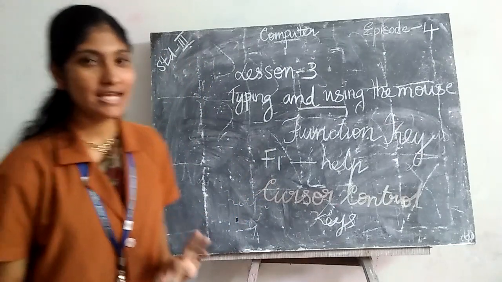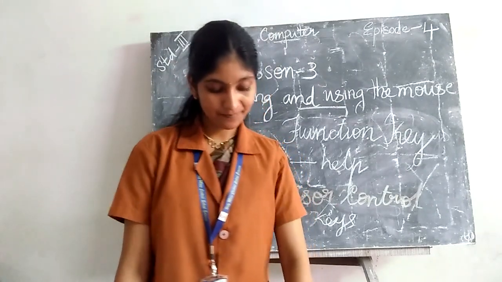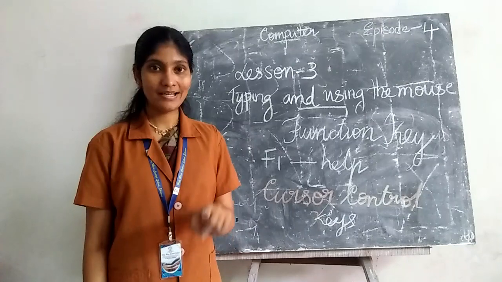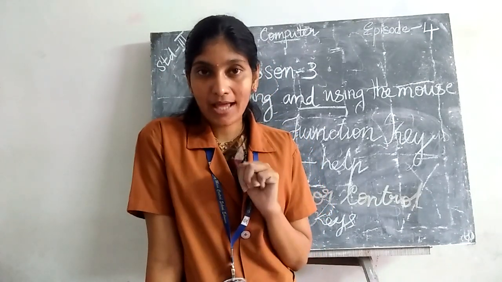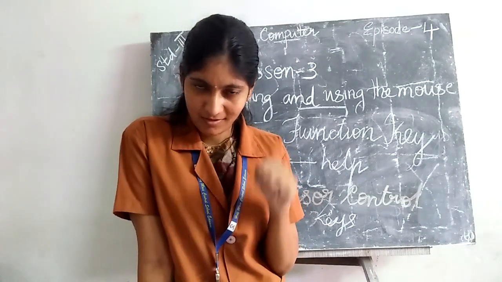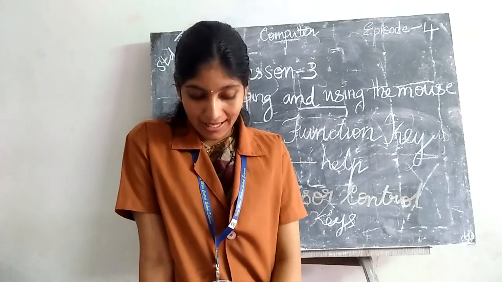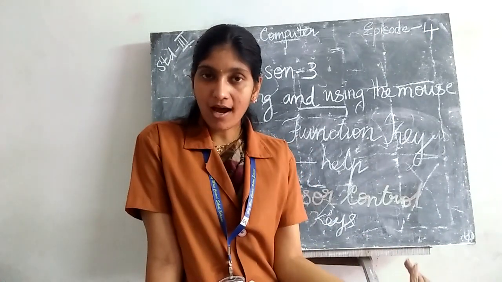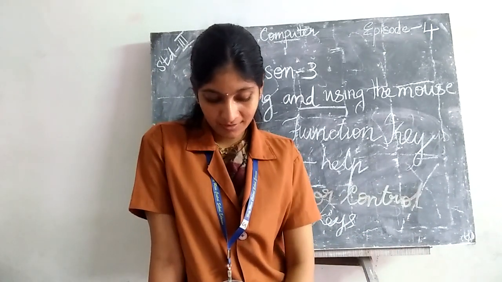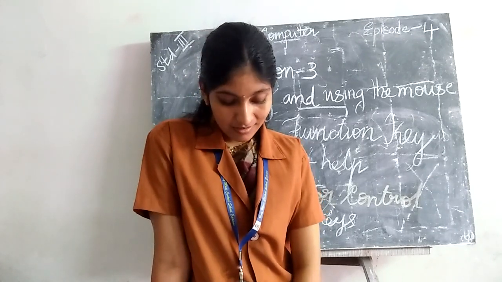Cursor control keys. Cursor control keys means, look at the picture in your textbook. There are 4 arrows present on your keyboard, right? An up arrow, down arrow, left arrow, right arrow. Can you see that?